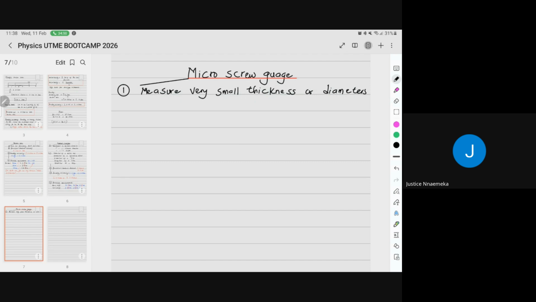Remember that JAMB will ask you which one can we use to measure. Have you seen that kind of question before? Raise your hand up. What can we use to measure the thickness of a wire? What can we use to measure the diameter of a tiny rod? If you've seen that kind of JAMB question before, can you give me a thumbs up?